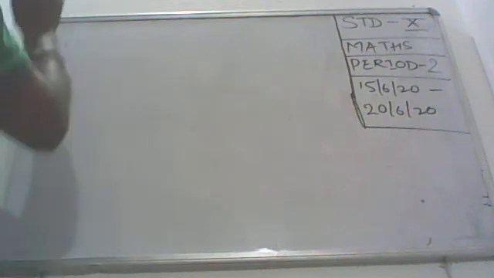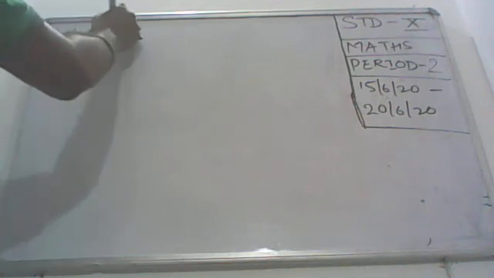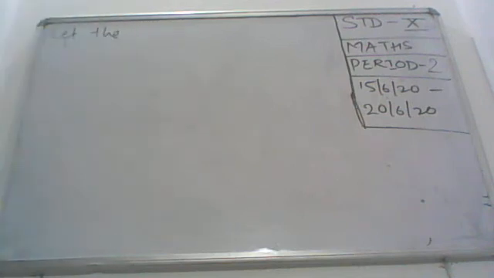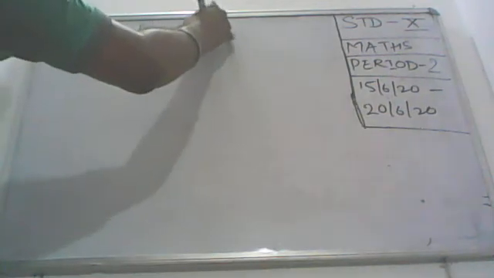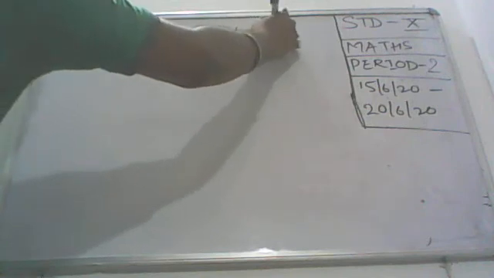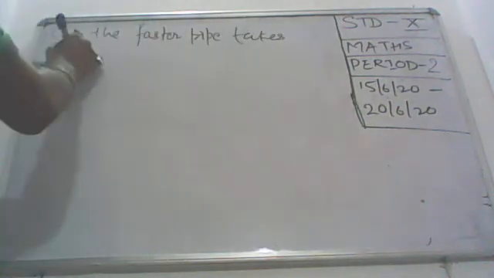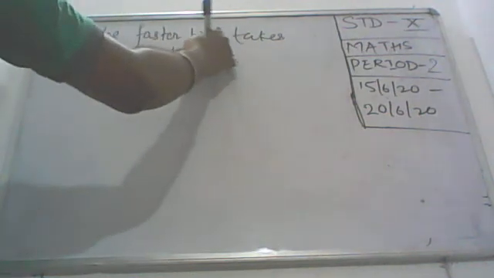In this type of question, first of all, what we have to find here is, let the faster pipe take x hours to fill the tank.